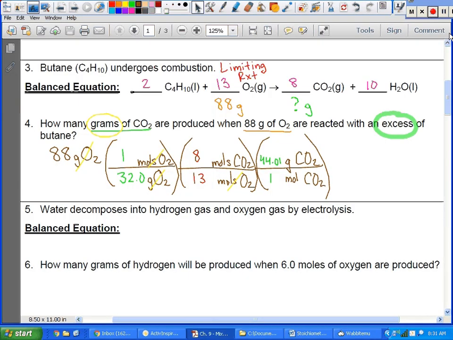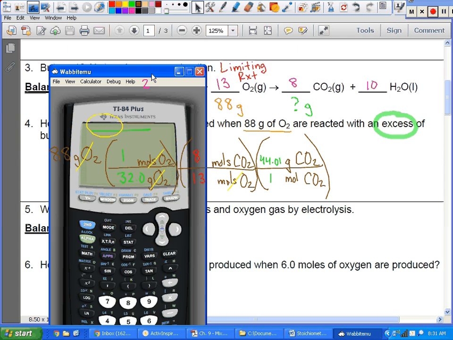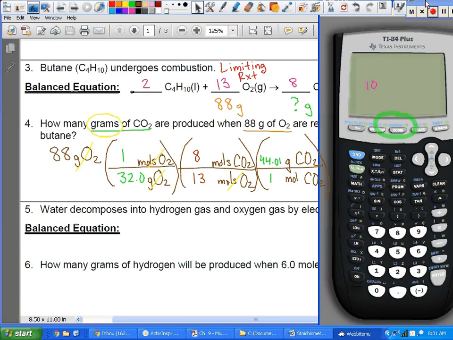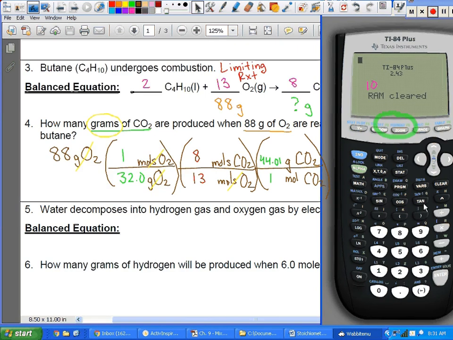All right, so I've got 88 times 8 times 44.01 equals, divided by, I'm going to use my parentheses, 32 times 13, close it, and there's my answer.